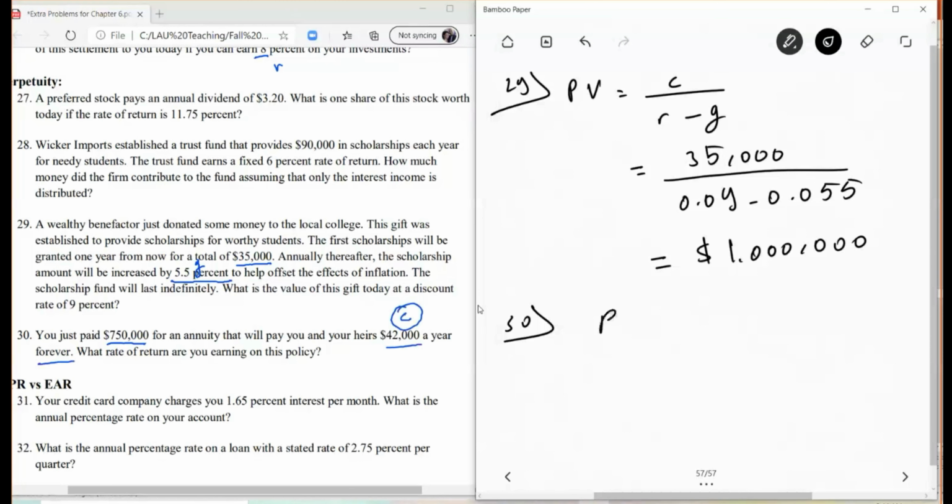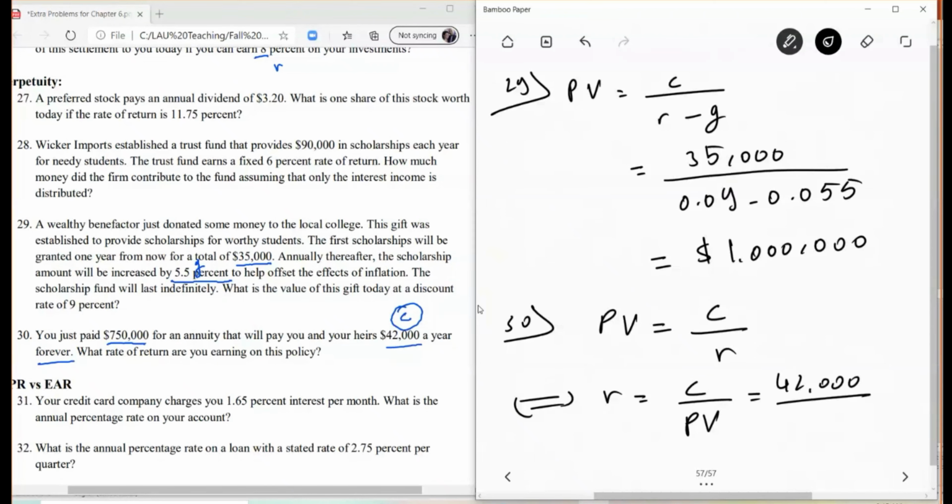But now in this case, I have the present value and I have C. I need to determine R. In this case, R equals C divided by PV. So this is equal to $42,000 divided by $750,000.